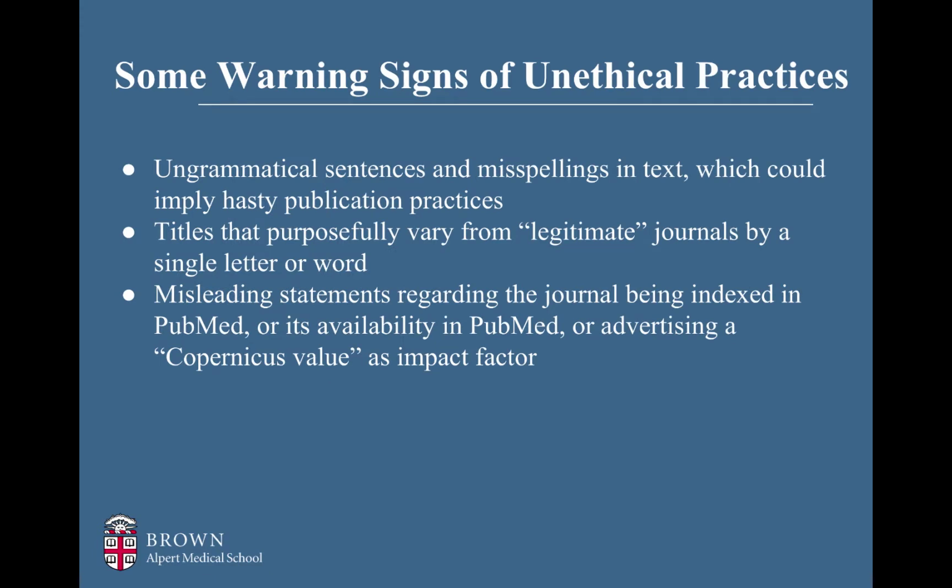So how do you, as a consumer of medical research, evaluate whether a journal that you've found is generally reputable or is unethical? You may see some ungrammatical sentences and misspellings in the text, which could imply hasty publication practices. The journal may use a title that varies from a legitimate journal by a single letter or word. There may be misleading statements regarding the journal being indexed in PubMed or its availability in PubMed, or it may advertise a Copernicus value as impact factor.